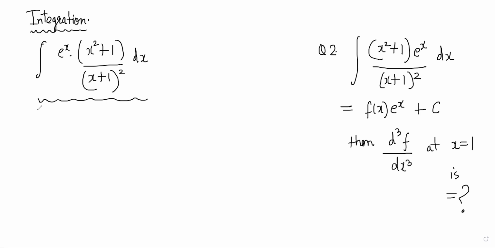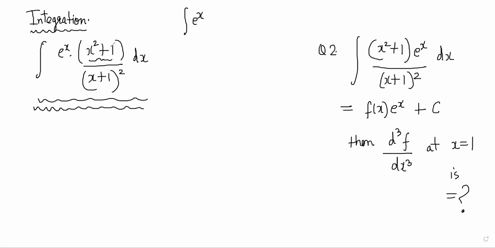Are you guys getting the idea of how to approach this? Sir, partial fractions. No, that will be too long. Sir, can we use x plus 1 whole square minus 2x in the upper part? You are saying do plus 2x and minus 2x.